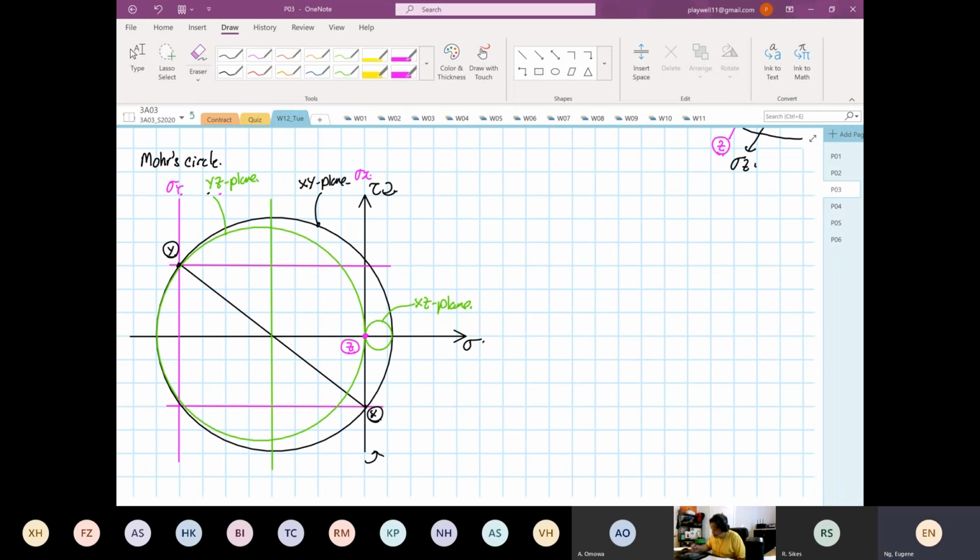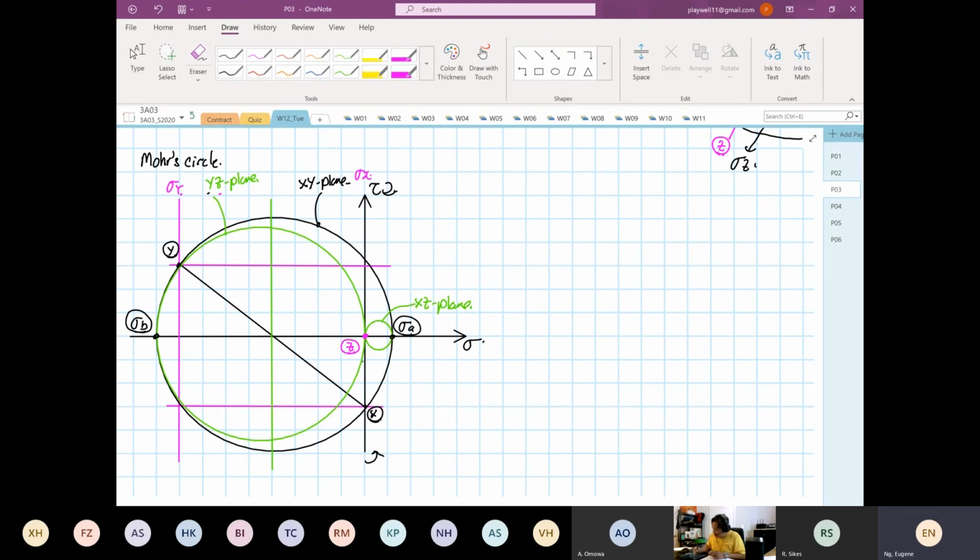Okay, so we know now that over here, this will be our stress B point, and this is our stress A point. You need to make sure that point Z is within the circle. Okay, that will tell you that stress A and stress B, both of them will not be equal to 0.